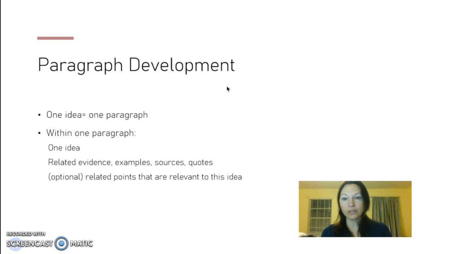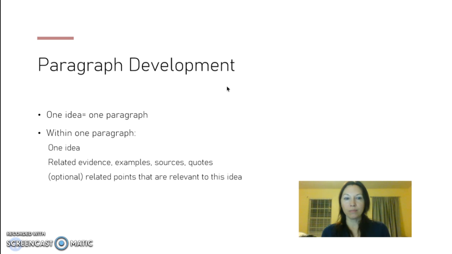So the general rule is that you just want to have one idea per paragraph. So you want to have one idea, and then you would give related examples, sources, quotes, evidence, anything to describe that one idea.